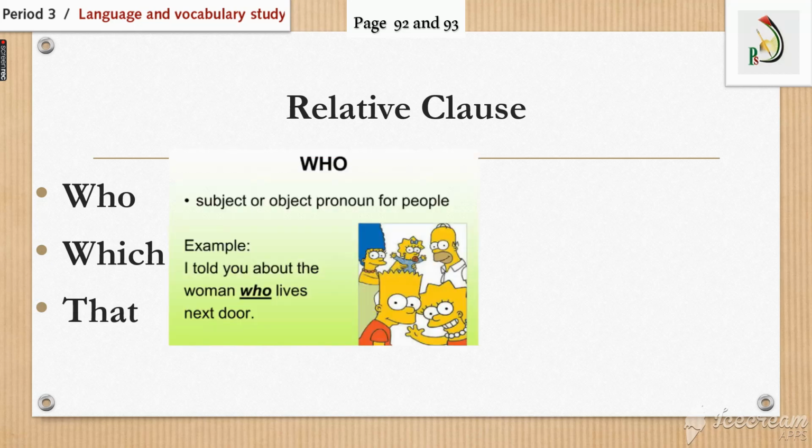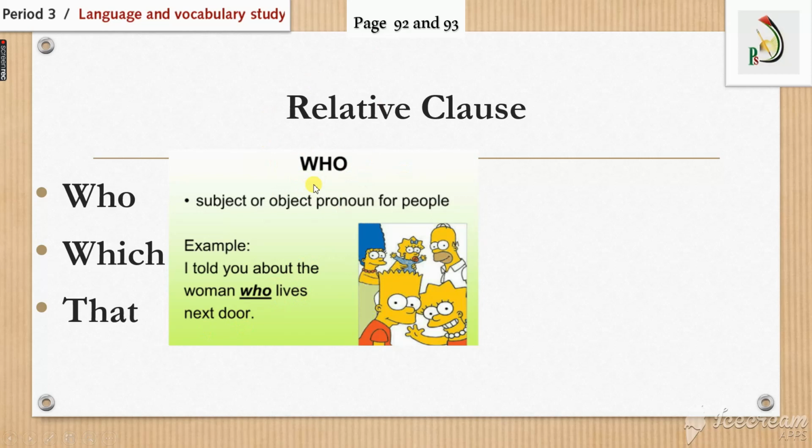For example, I told you about the woman. This is the main clause. And what is the relative clause? Who lives next door. I told you about the woman. This is the main clause. And who is that woman? She lives next door. So instead of writing she lives next door, we joined it with the help of a relative pronoun, which is who.